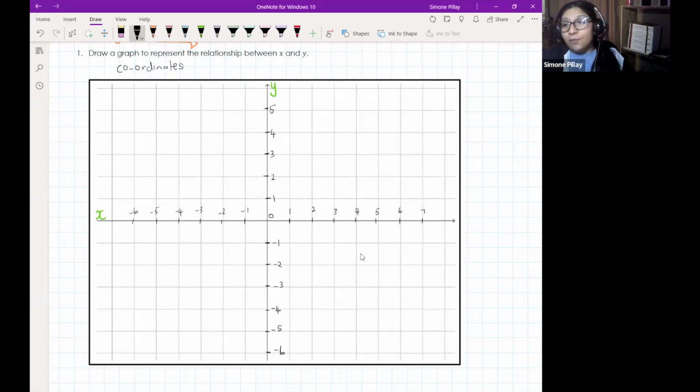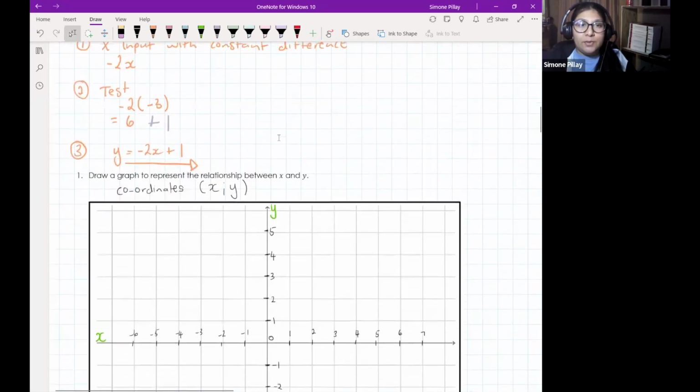Rory-san, do you remember the format of coordinates, maybe? I've written it there. Does this ring a bell, Rory-san? Our x value first and then the y value. Oh yeah, now I remember.